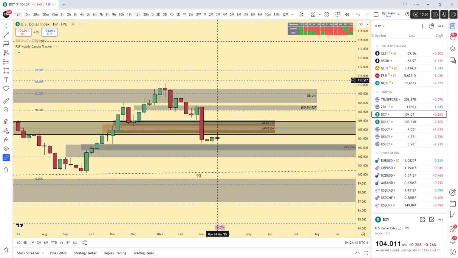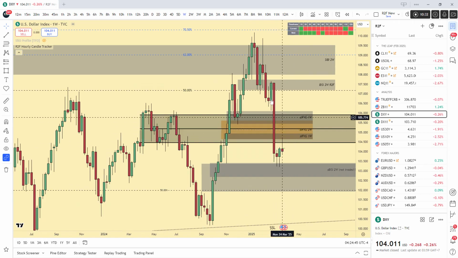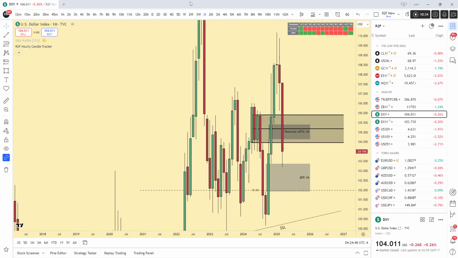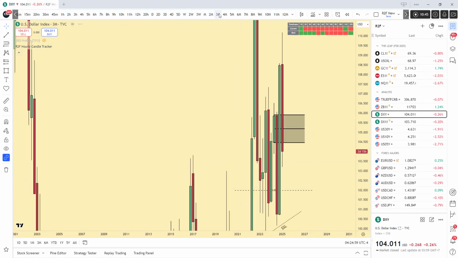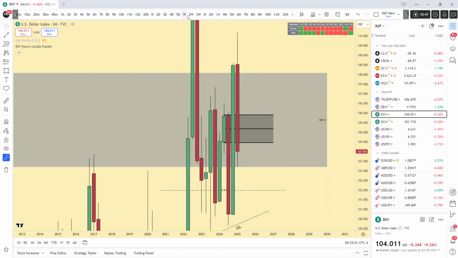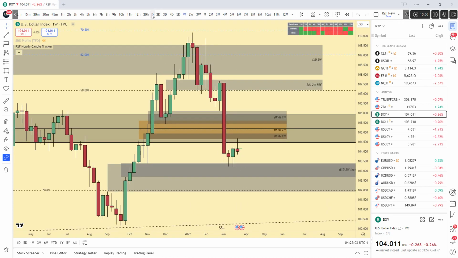Let me see what that looks like on the monthly. Yeah, so I think we may have one more stab up. I don't know, even as far as there or here. Yeah, so I'm staying open to that idea that we have one more touch into there.